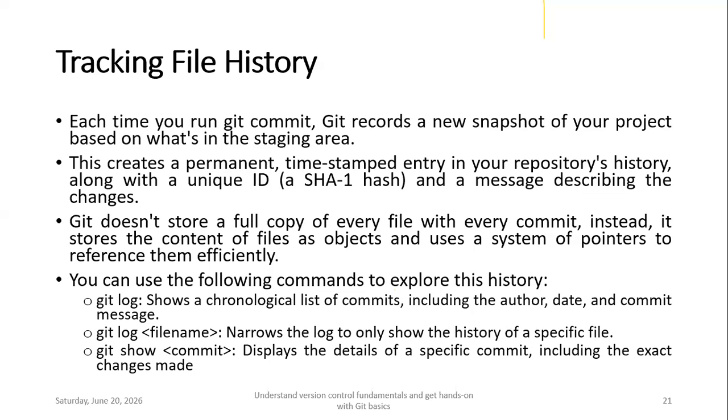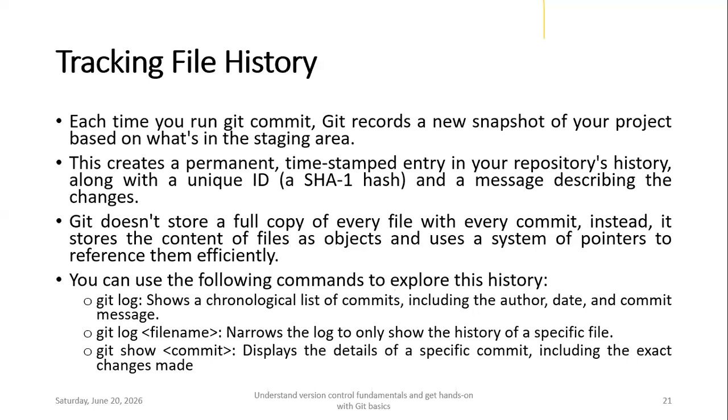A system of what? Of pointers. I know that some of you are aware of pointers. Those who did C++ or C programming, and languages of that kind, know what a pointer means.